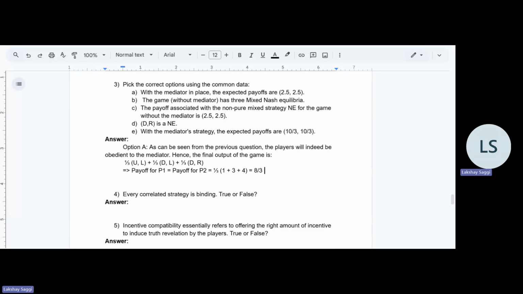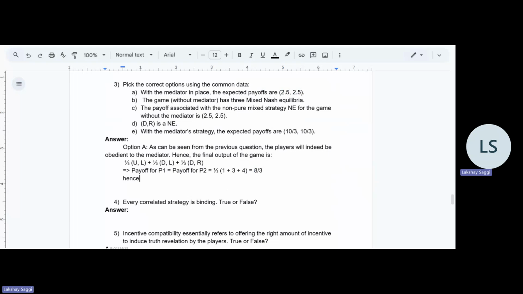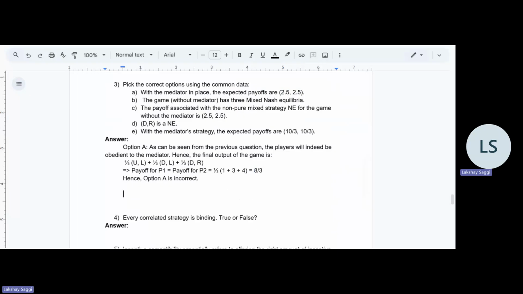So the expected payoffs are actually 8 by 3, comma 8 by 3, not 2.5, comma 2.5. Hence, option A is incorrect. Okay, then maybe we can move on to option B.